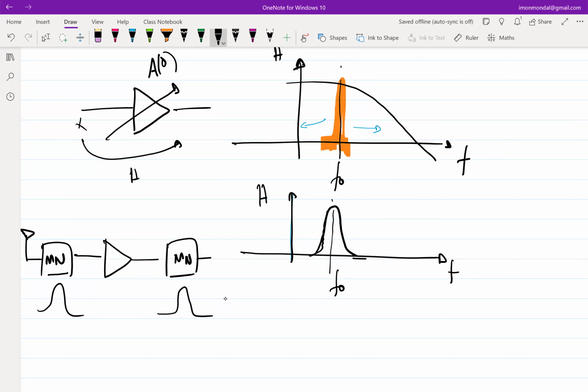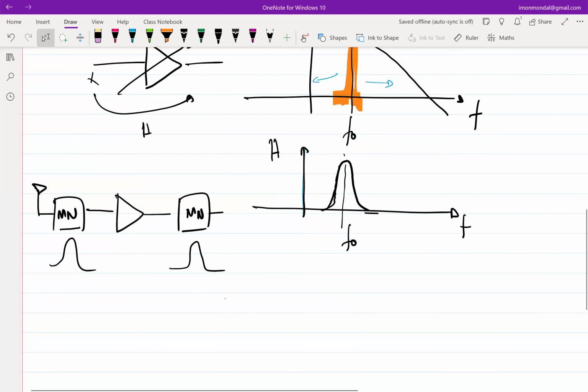Now let's assume that I have a sinusoid here, Vp sine omega naught t.